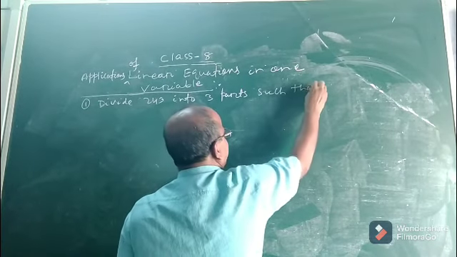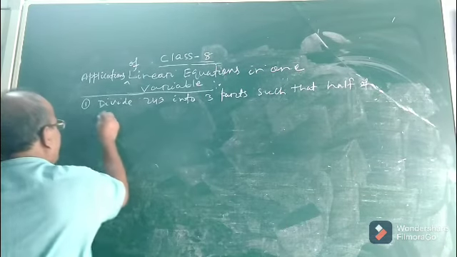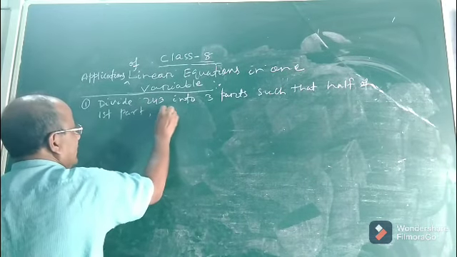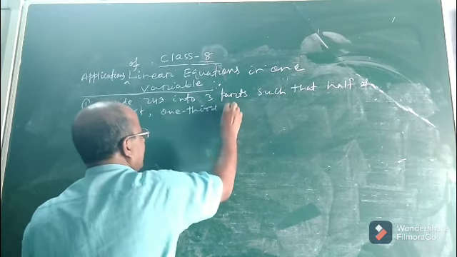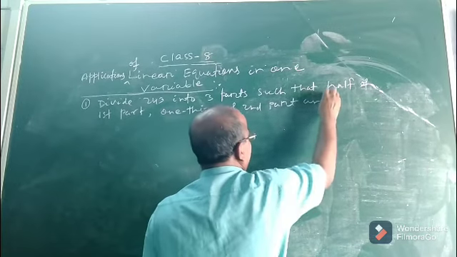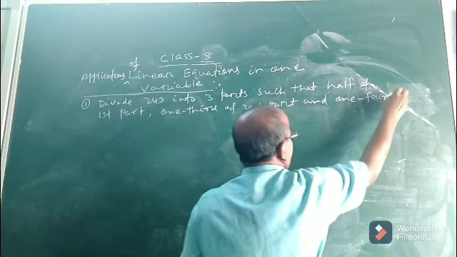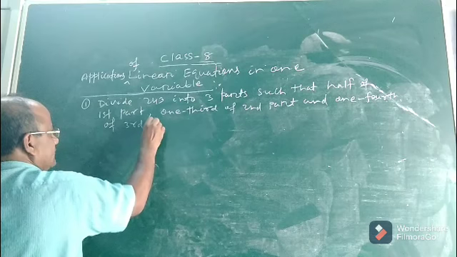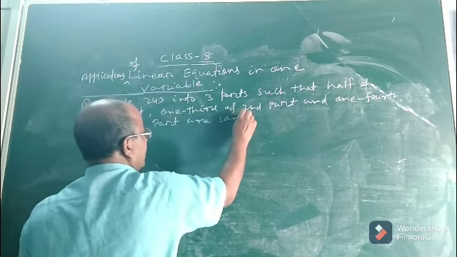The condition is that half of the first part, 1/3 of the second part, and 1/4 of the third part are equal. See the question, children.